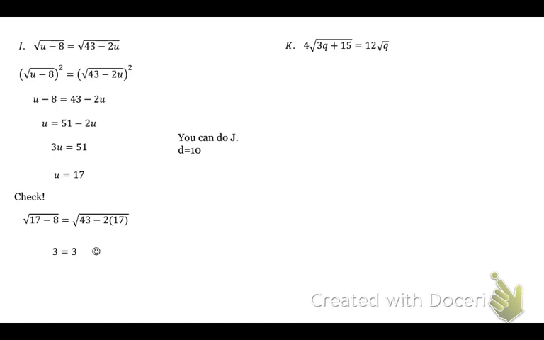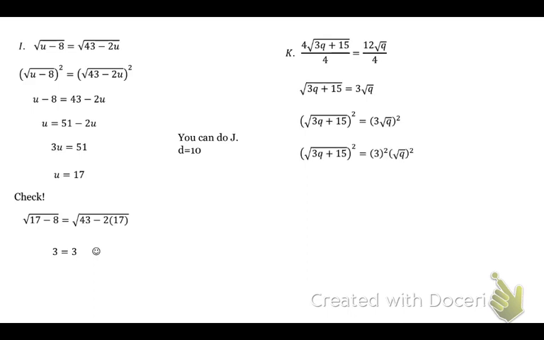So first we have 4 square root of 3q plus 5 equals 12 square root of q. Well, we have a 4 and a 12 right there. Let's just divide them both by 4. So you get the square root of 3q plus 5 equals 3 times the square root of q. Now I'm going to square both sides. The left side is easy. That just will end up canceling.